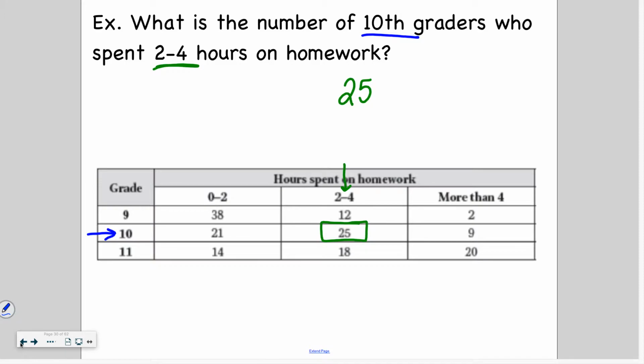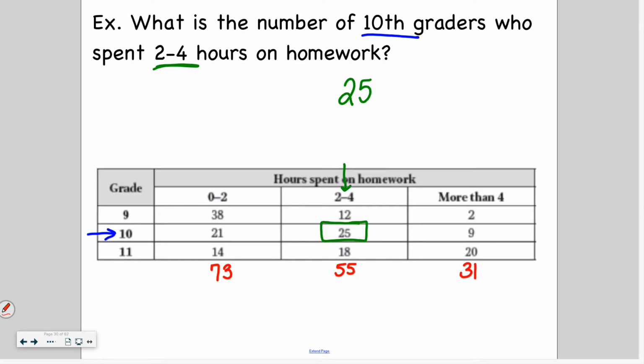So if I go down through here, 0 to 2 hours, the total number of students that spent 0 to 2 is 73. Okay? The total number of students that spent 2 to 4 hours is 55. The ones that spent more than 4 hours is 31.